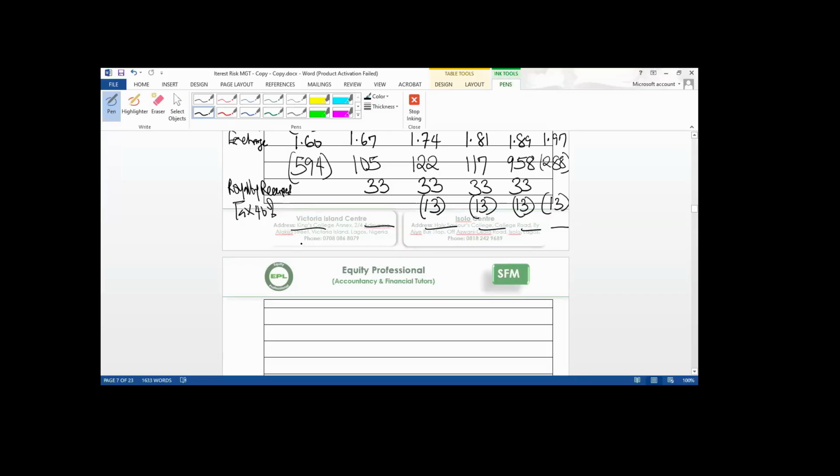Here you are going to have, let me take it here. 594. 105 plus 33, 38. 122 plus 33 minus 13, 142.